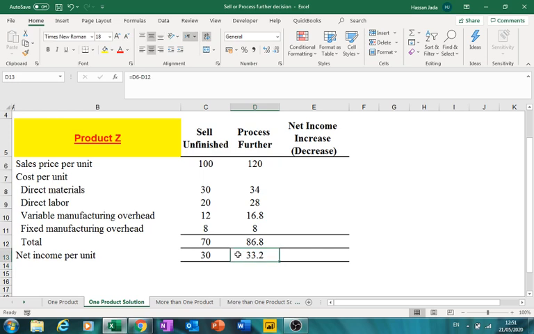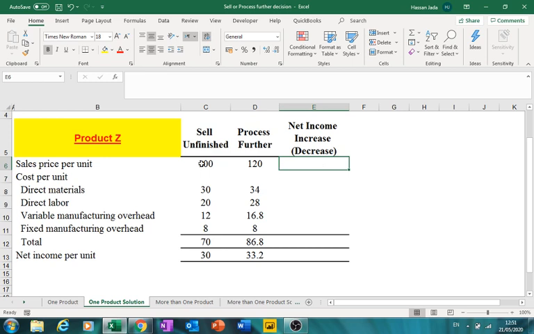Here we have $30 net income from unfinished, and for finished $33.20. Then we have an increase in net income. Here we can see whether net income increases or decreases.